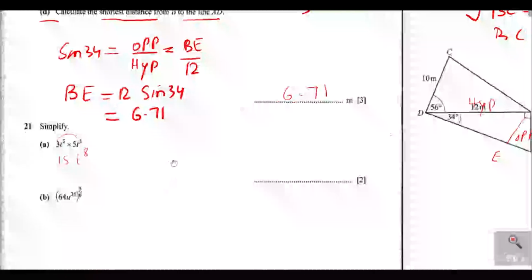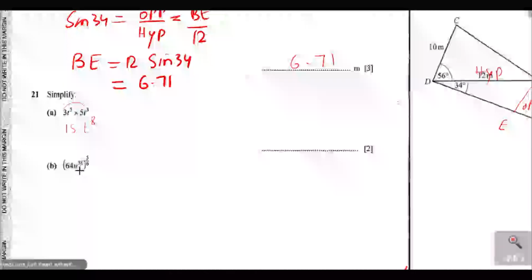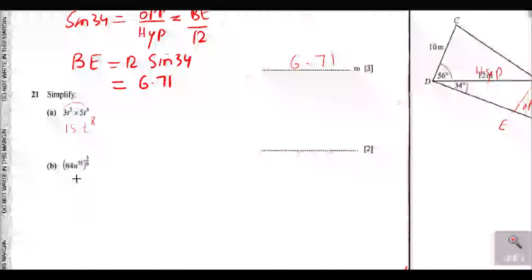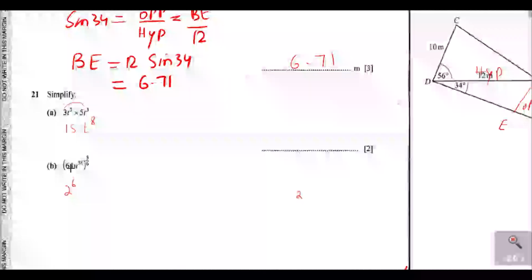Part B, (64u^36)^(5/6). In this expression, in place of 64, we write 2^6, and u^36 we write as it is, and whole power 5 over 6. In the next step, we will multiply the powers with 5 over 6.